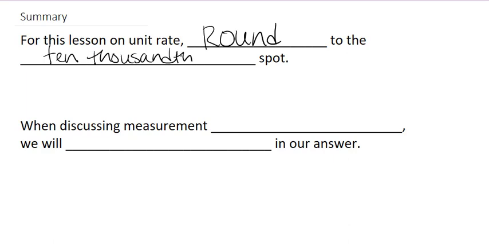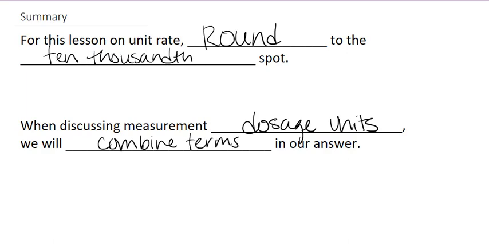And then when discussing measurement, dosage units, we will combine terms in our answer. So let's go back now to our problem.